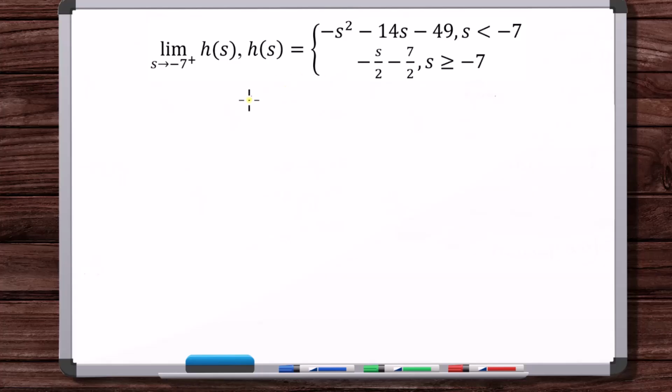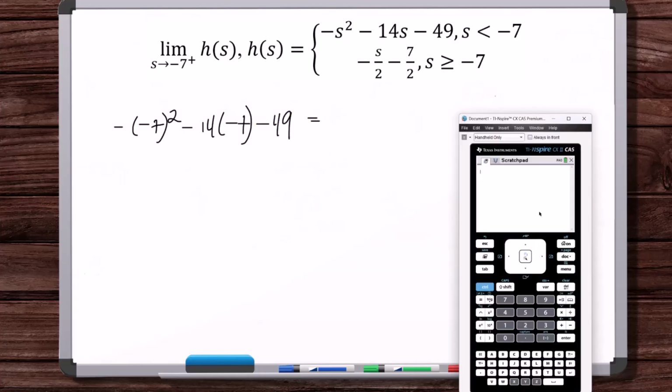So, okay, let's plug in minus 7 here. We get minus 7 squared minus 14 times minus 7 minus 49.